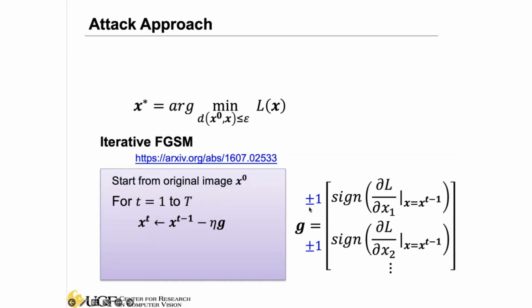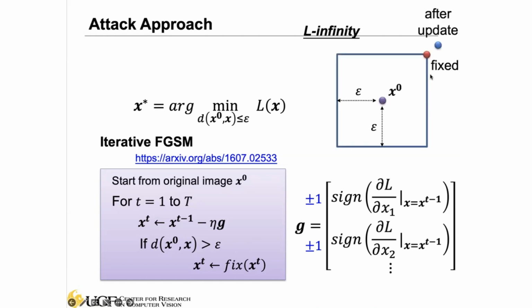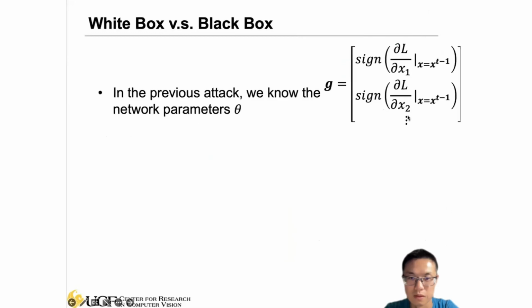Still, we are considering the sign of the gradient, but here we can do this for multiple steps. And we still consider the constraint, and if this distance is greater than the threshold, then we'll fix that, so we have a fixed output to make sure the output is going to lie on the boundary.